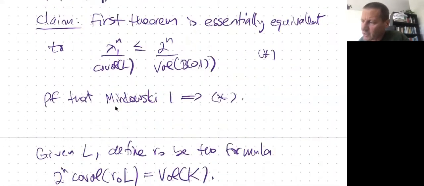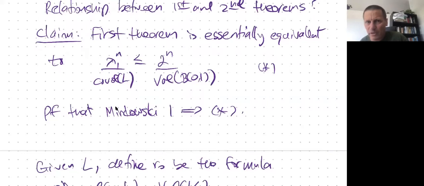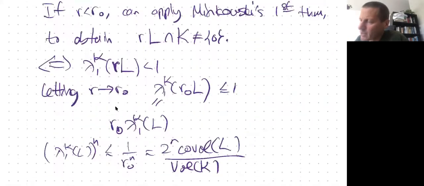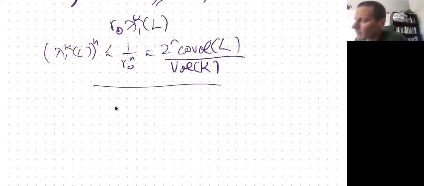Okay, so Minkowski's first theorem, even though it's a simple theorem, is very, very widely used. So what I want to do now is show some applications of Minkowski's first theorem. I'll show you two applications.